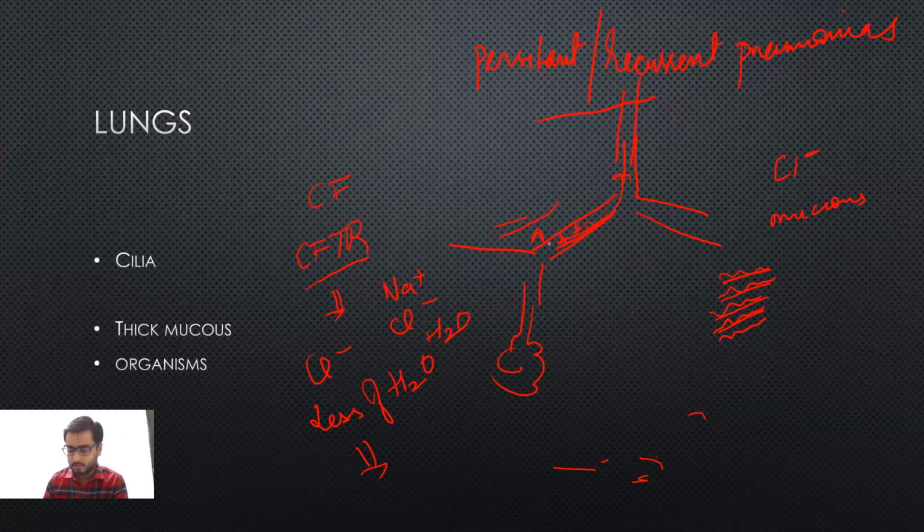The secretions on the airway surface become thick because of less water, and there is loss of mucociliary action. The cilia, which are hair-like projections, normally move like this and throw the mucus and bacteria out, so there is no collection of mucus.